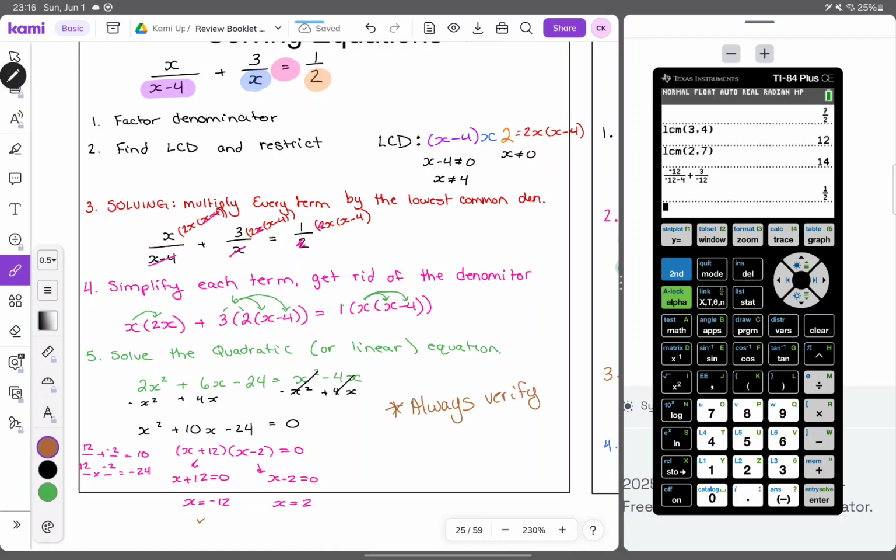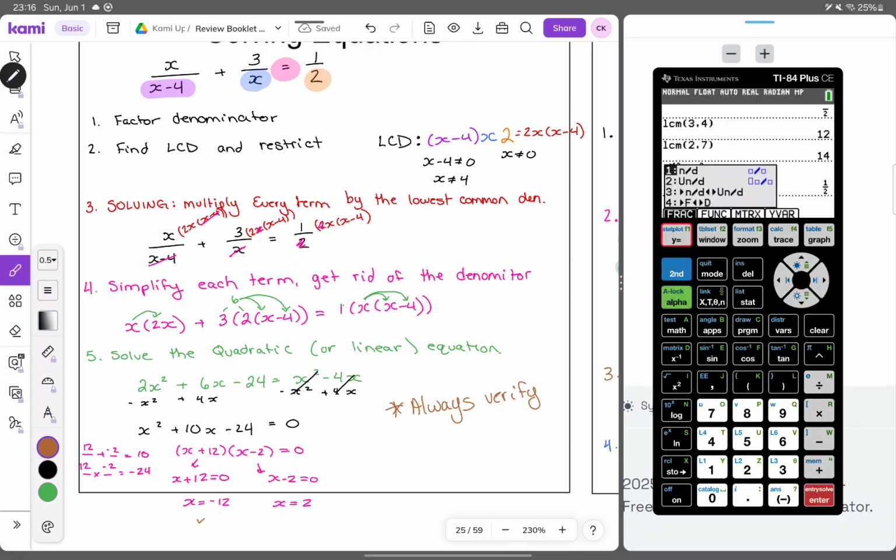And if we do it again with our other one, x is 2. Again, using our fraction button is the best. So we're going to have 2 over 2 minus 4 plus, again fraction button, 3 over 2.